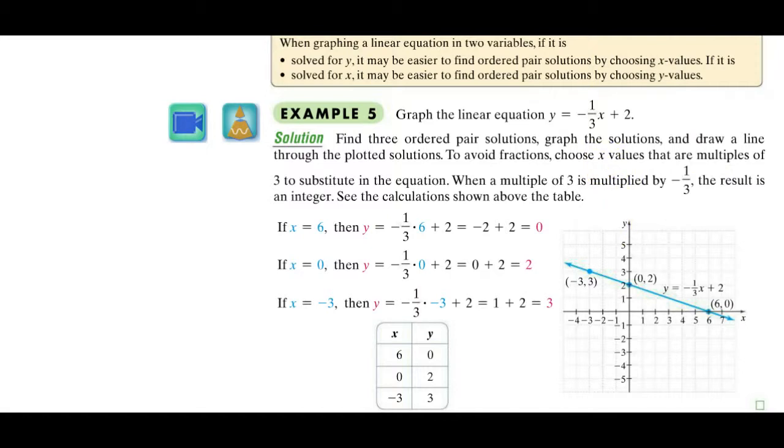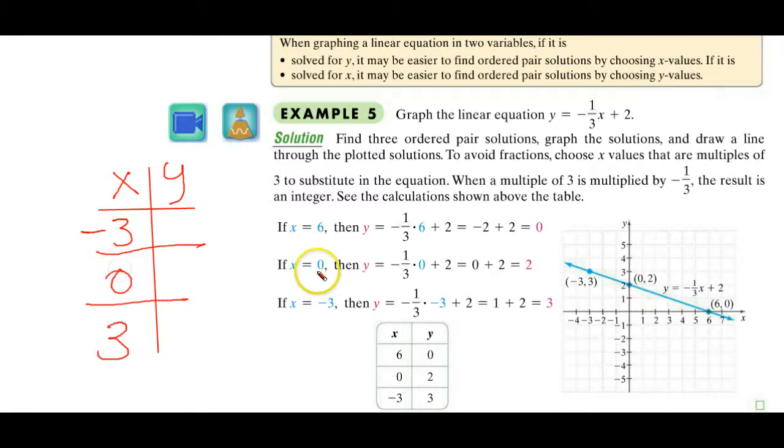Okay, now as we make a T-chart for this one, I did mention this before a little bit. Would you use a -1 here? And the answer would be no. Why not? Because you'd get a fraction. So this, we're going to use a -3. And this one, we're going to use a +3. And this is going to be a 0.